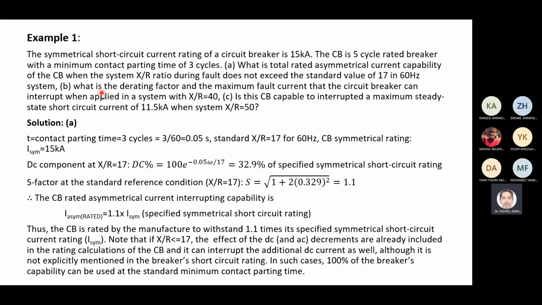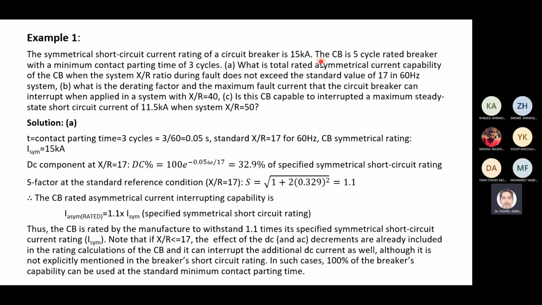That is the first part. The second part: what is the derating factor and the maximum fault current that the circuit breaker can interrupt when applied for systems higher than the standard? The standard, we said, is 17 and 45 milliseconds. Now we used a higher X to R ratio.